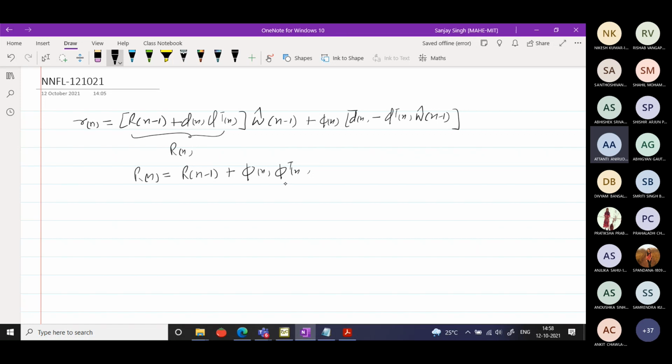This is the case. Now for this part, whatever is there in the bracket here, let me write it in some form, something like alpha n. Let's see what this alpha n means. So I'm just writing it across here: dn minus phi t n w n minus 1, of course.